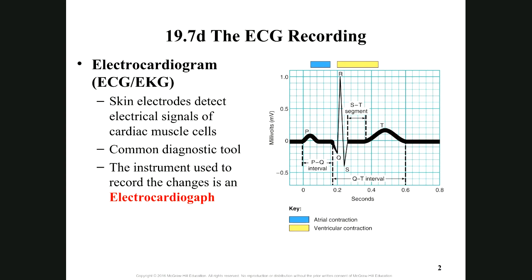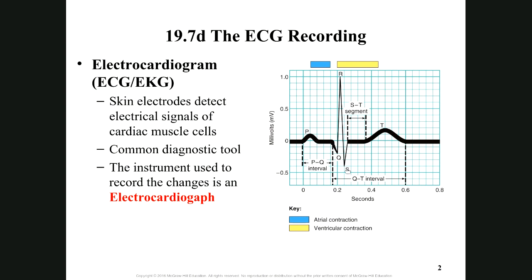As you see in this picture, we have different waves and different parts in our EKG. The first part which you see is called the P wave. The P wave shows the depolarization or contraction of your atria. The next wave is called the QRS complex.